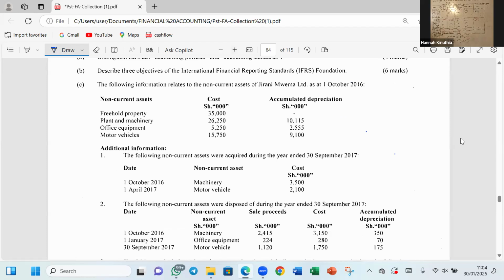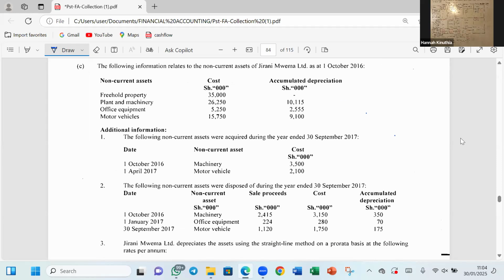The following information relates to the non-current assets of Jirani Mwema Limited as at 1st October 2016. Freehold property at cost 35,000, accumulated depreciation 0. Plant and machinery at cost 26,250, accumulated depreciation 10,115.